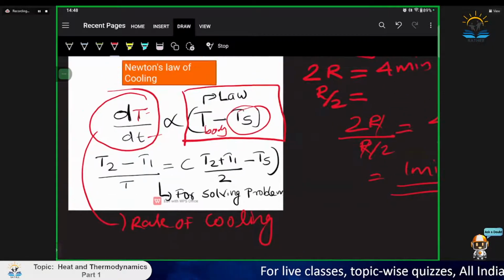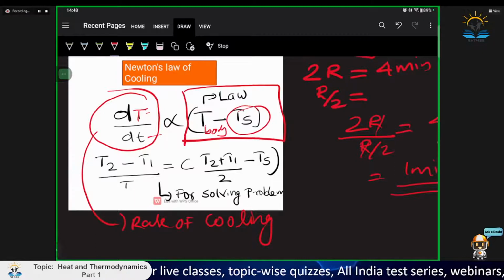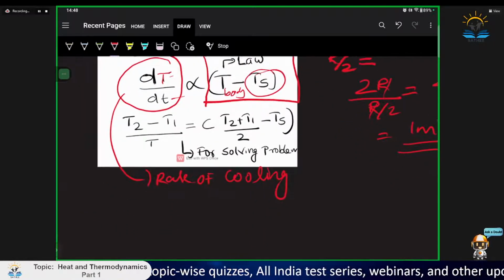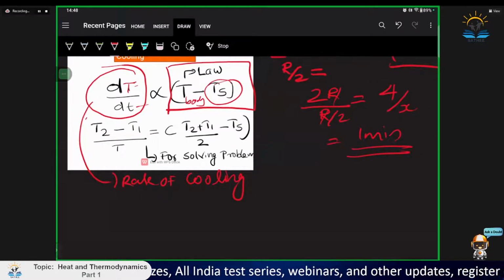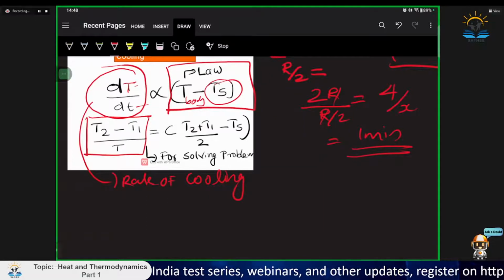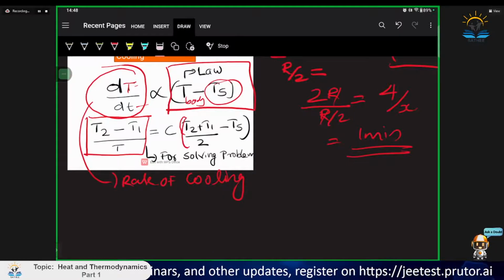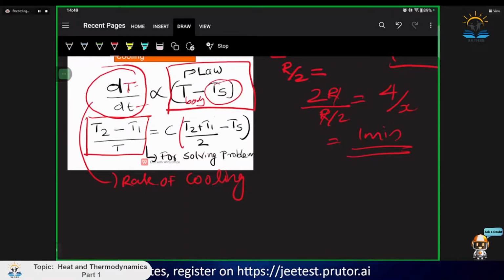Okay, but to solve the numerical problems related to Newton's law of cooling, we mostly depend on the average temperature form. This one: T2 minus T1 by t is equal to C into (T2 plus T1) by 2 minus Ts. This is the average temperature.